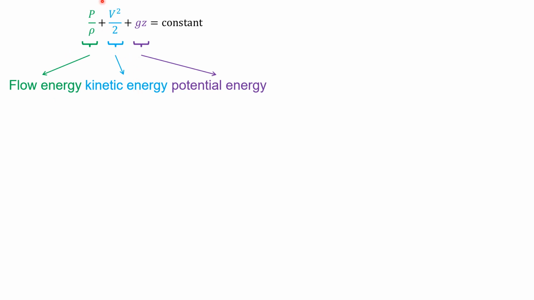Kinetic energy we know is half mv square, so mass is cancelled. So v square over 2 is kinetic energy because it's related to velocity. So flow energy is related to pressure, kinetic energy is related to velocity, and gz is related to potential energy because it's gravity over elevation.